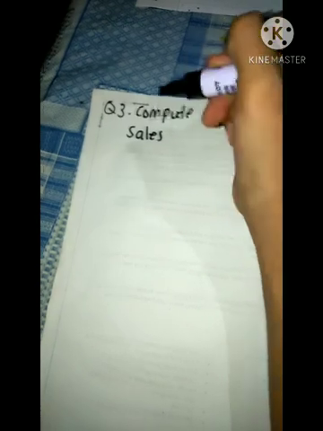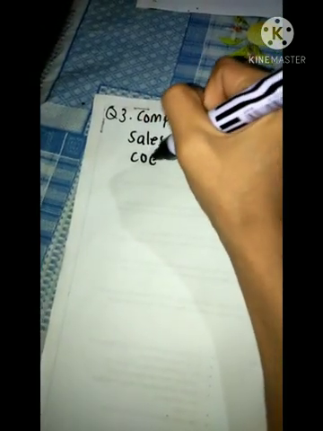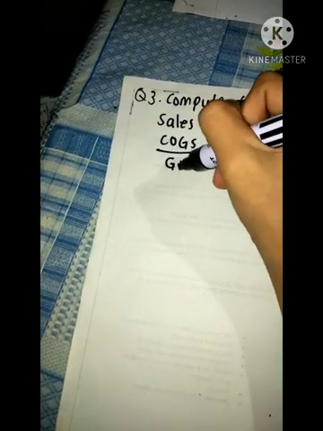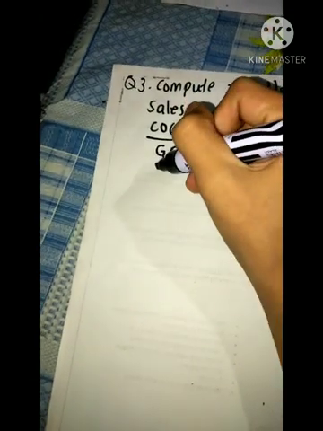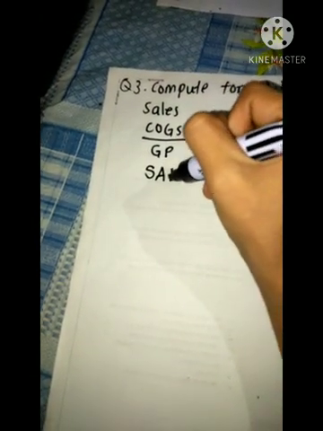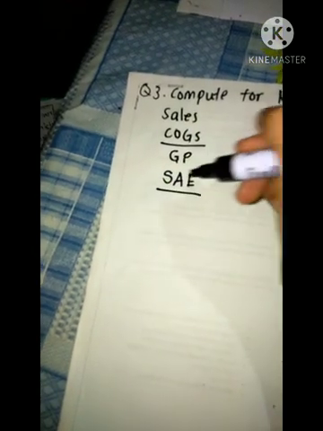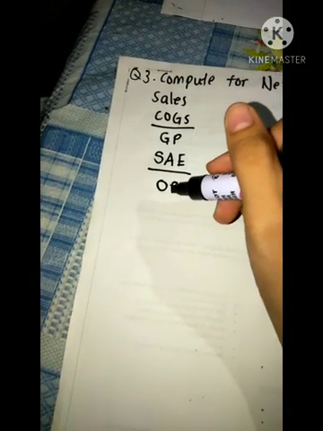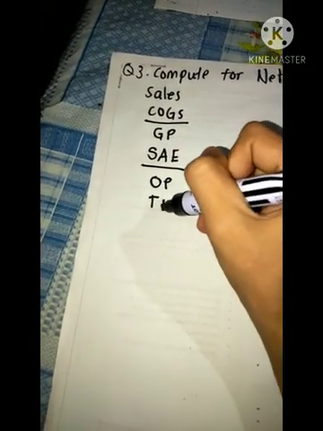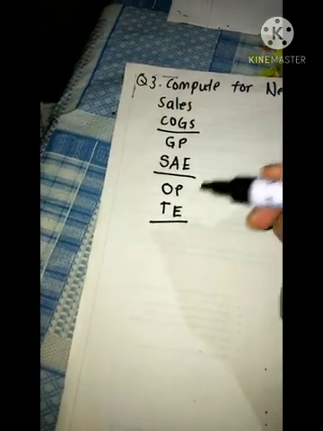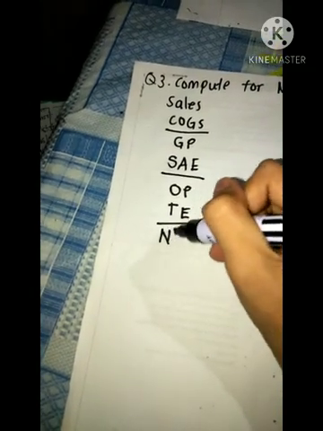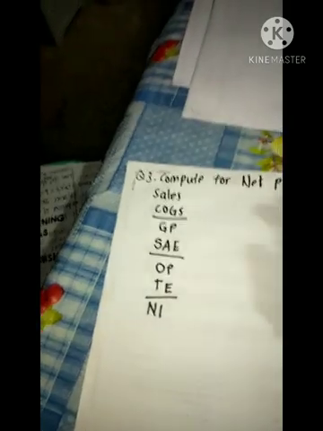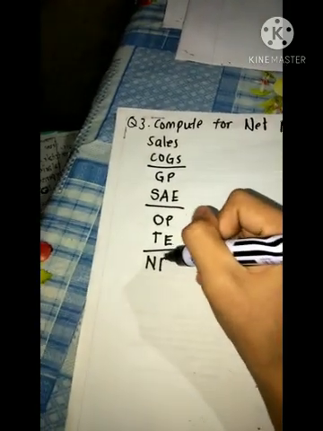Sales less cost of goods sold, that's your variable expenses, you will arrive at gross profit. You will deduct again the salaries and administrative expenses and you will arrive at your operating profit. Now, you will deduct the tax expense, okay? And you will arrive to net income or net income after tax or net profit. Net profit na lang.